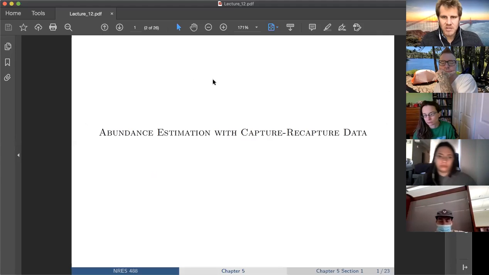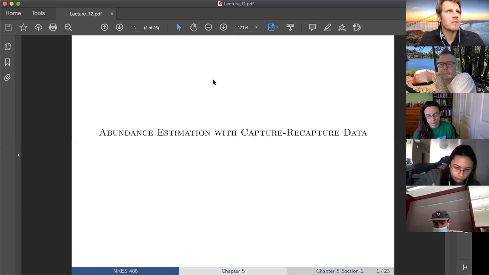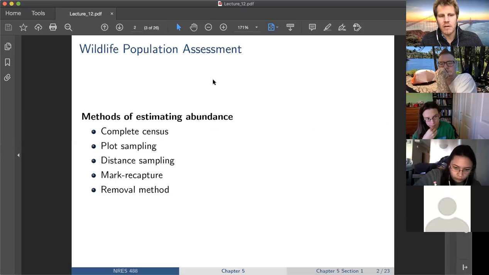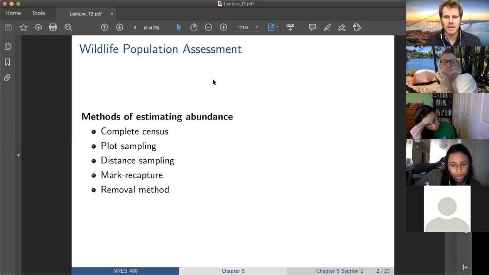So abundance estimation with capture-recapture data. We've talked about methods for estimating abundance so far, in this chapter on the different methods we can use. We've talked about complete census, which we can rarely do in wildlife populations.